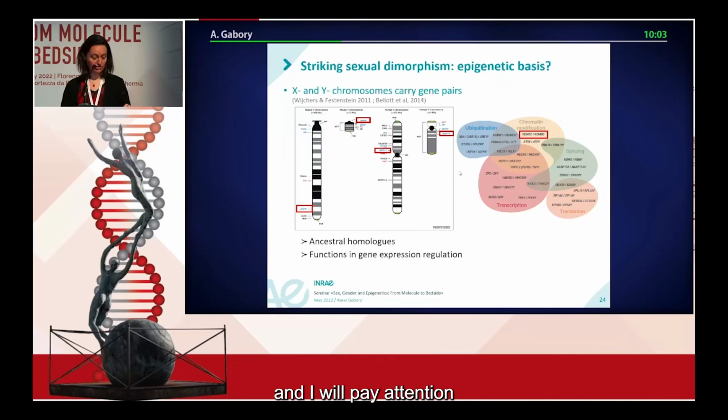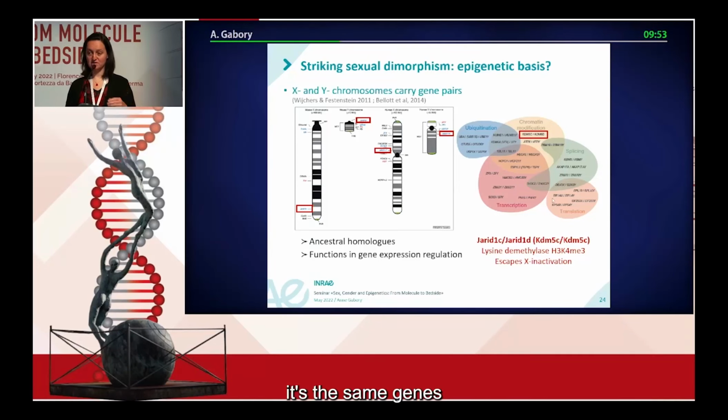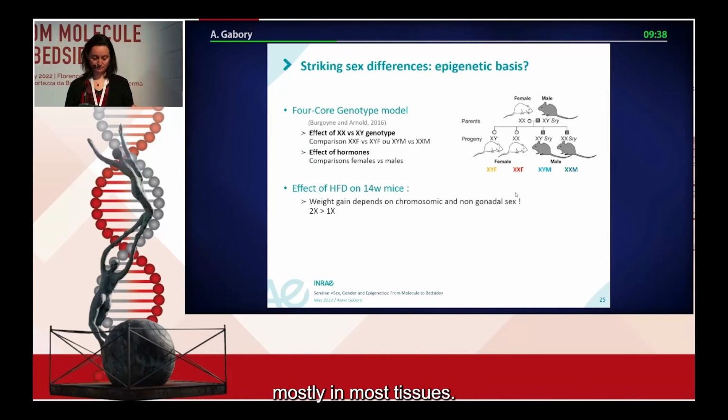And I will pay attention a little bit more to one of those gene pairs called JARID1C and JARID1D, or KDM5C and 5D. It's the same genes, they just have 2 different names. They are lysine demethylases of H3K4 trimethylation, and interestingly, JARID1C, KDM5C, escapes X inactivation in most tissues.